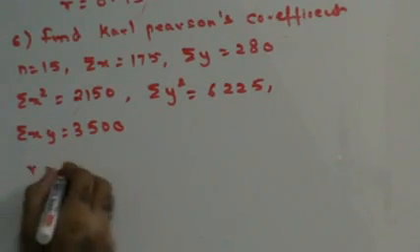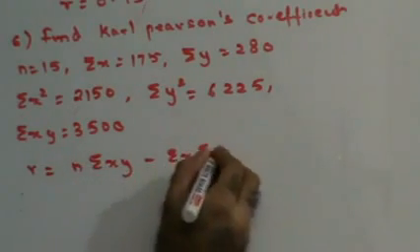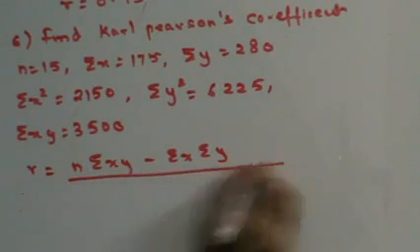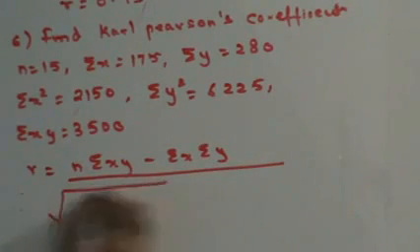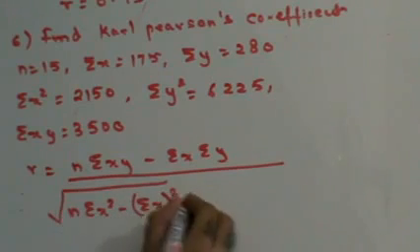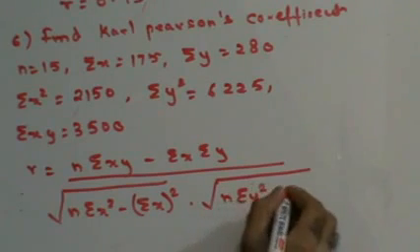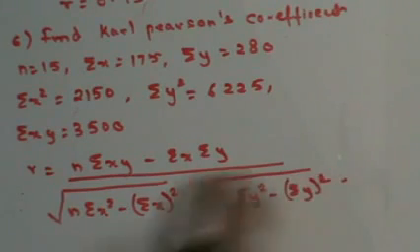So you can say R is equal to n times sigma xy minus sigma x sigma y upon square root of n times sigma x square minus sigma x the whole square into square root of n times sigma y square minus sigma y the whole square.